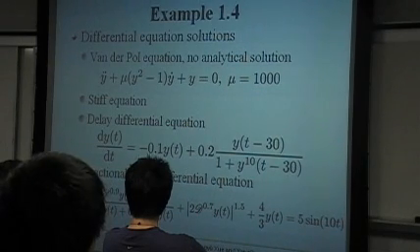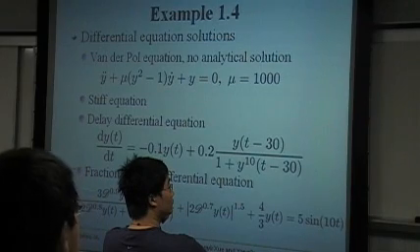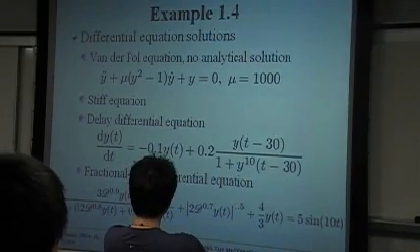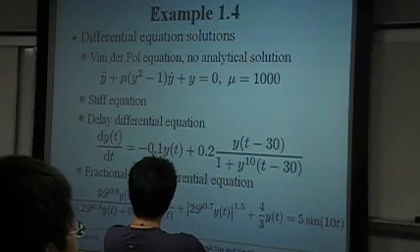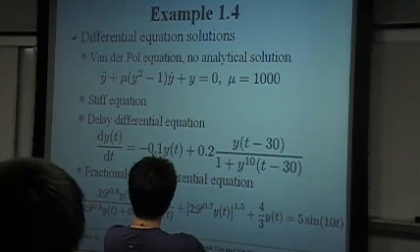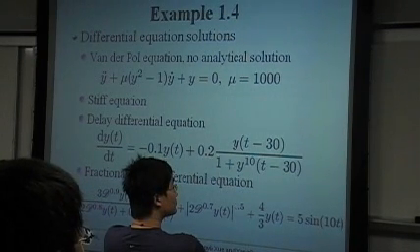However, for this kind of problem, the standard numerical solutions will give errors. So for this kind of equation, we have to use special algorithms. And this kind of equation is called a stiff equation.